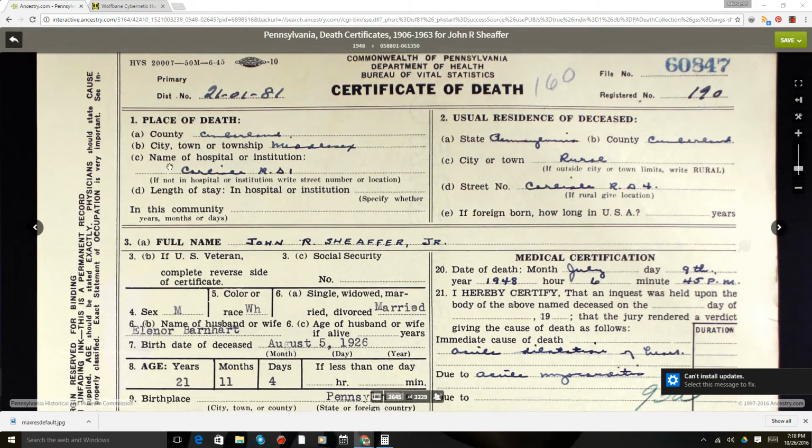But as we go, we'll see place of death was in Middlesex Township, Cumberland County, which is outside of Carlisle. And as you see, died at Carlisle Hospital with RD1. And it doesn't say length of stay. So we'll go over to his usual place of residence, which was RD4 in Carlisle. And the rural area, which could be Middlesex Township.